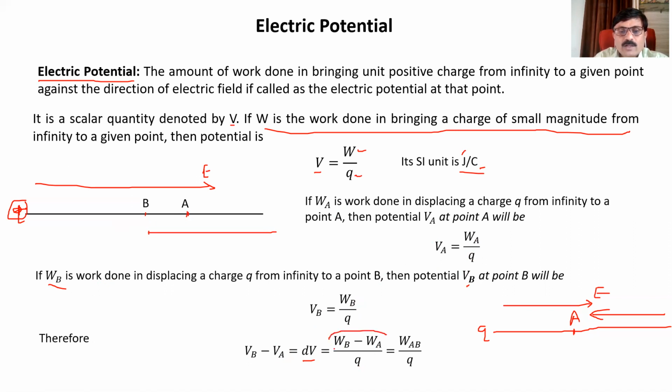So this is the difference in work done, which we can represent as WAB, the work done in taking the charge from point B to point A. So the potential difference between these two points is given as the work done in displacing the point charge from point B to A, which is WAB divided by q. So we can write dV is equal to WAB divided by q.